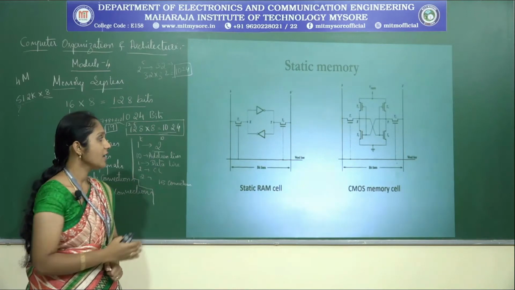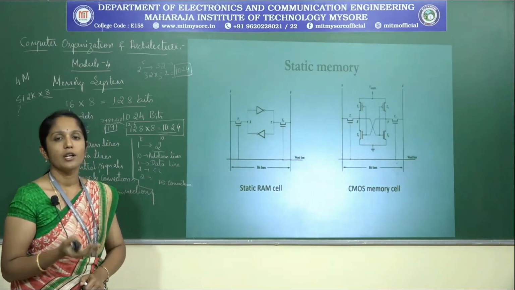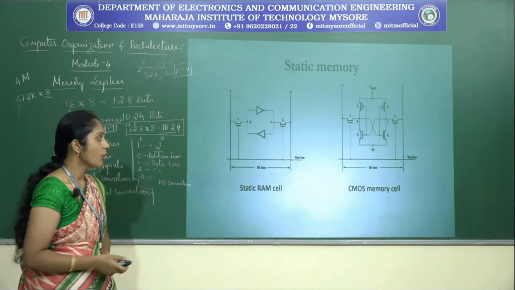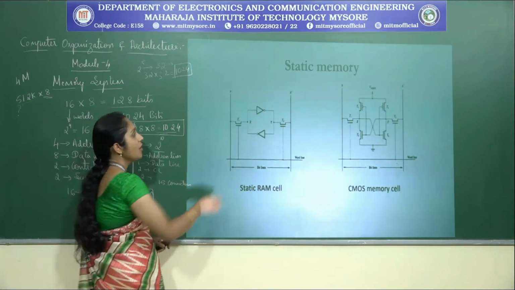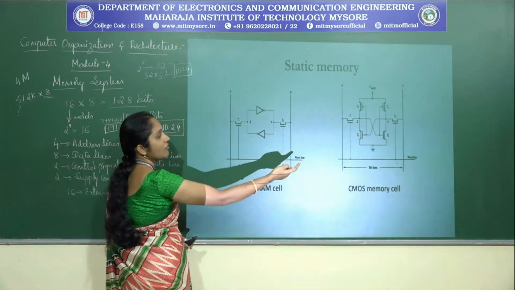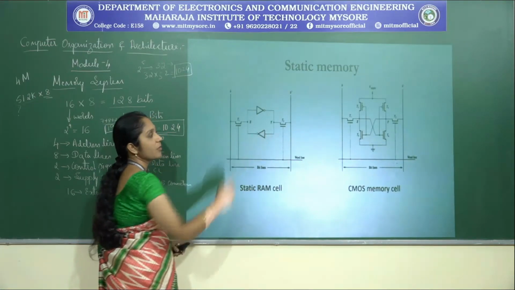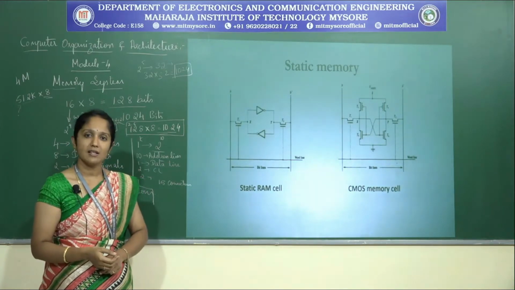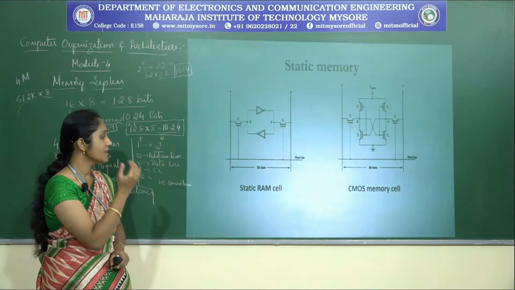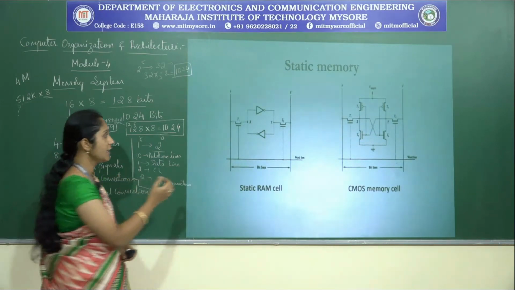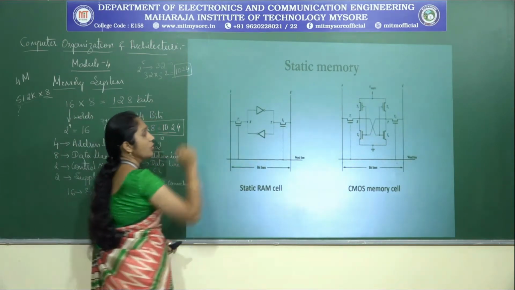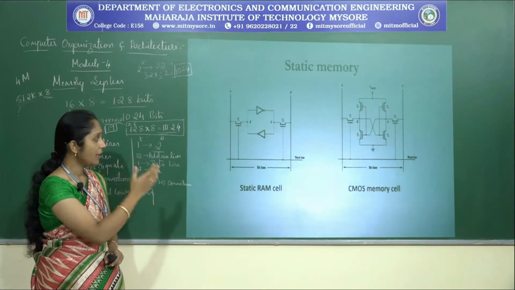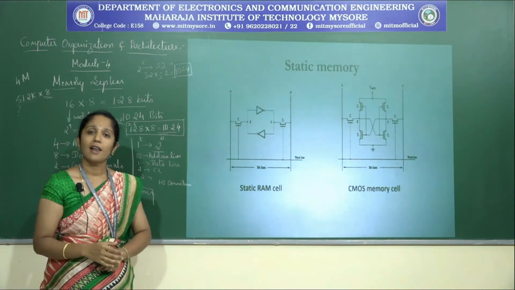Now let us understand how it is going to store information. If you consider the static RAM cell, here we have the NOT gate representation, and there the NOT gates are replaced by transistors, of the CMOS type. In the RAM cell, the two inverters are connected back-to-back, and this acts as a latch.